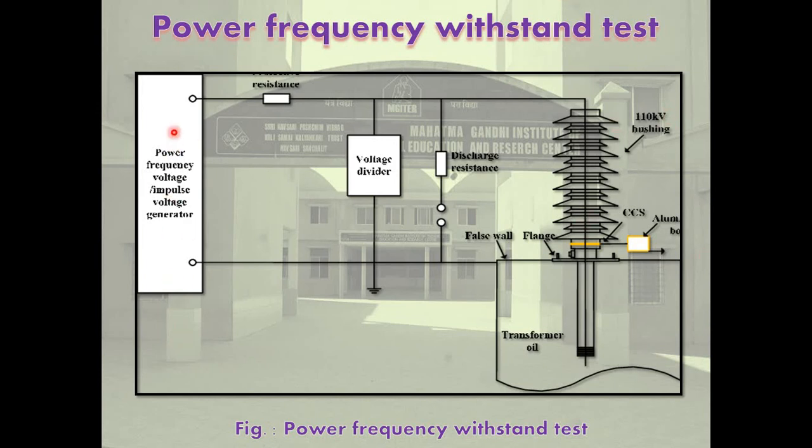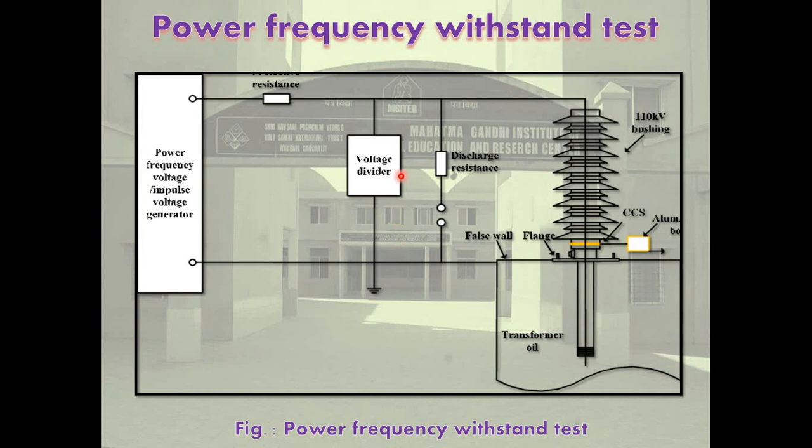Here this is the power frequency voltage, or we can say impulse voltage generator. This is the equipment under testing, and this is the transformer oil. This is a flashover flange, CS aluminum 110 kV bushings, discharge resistance, voltage divider circuits, to bring down the high voltage level.